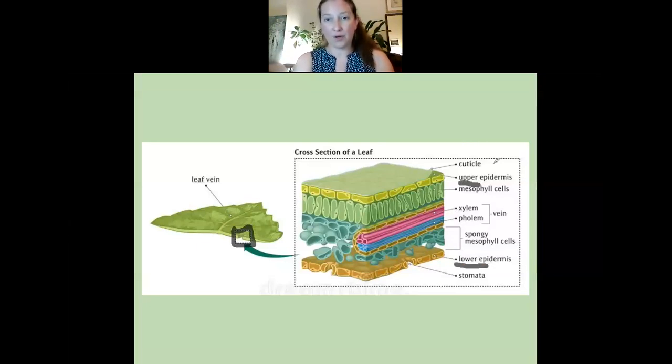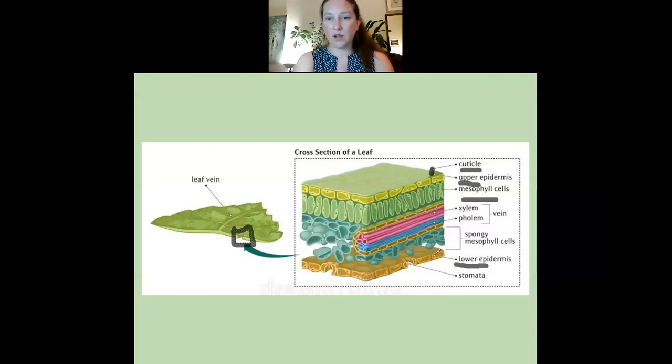On top of the epidermis, you have a cuticle. You can't really see the cuticle on the lower epidermis in this diagram, but just know that on top of epidermis, you always have cuticle. You can see it kind of being pulled up right there. Underneath the upper epidermis, you have the mesophyll cells, which we'll talk about on subsequent slides.